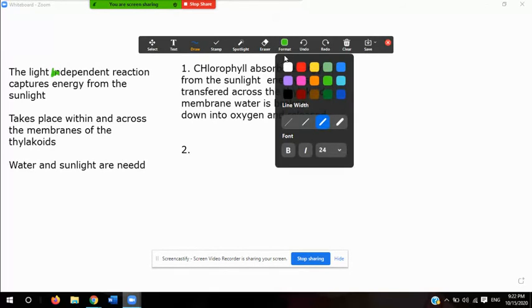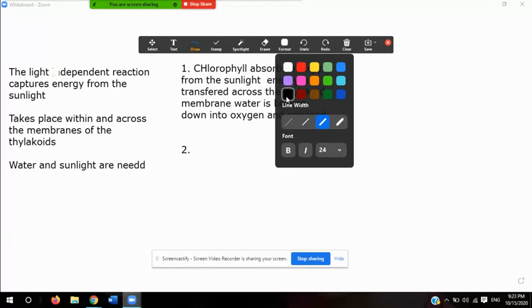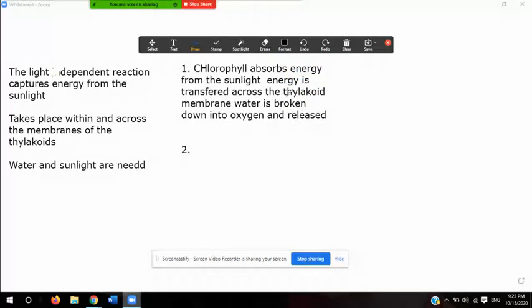And there you go. I made a mistake there, ladies and gentlemen. It is the light dependent phase that we're talking about. I apologize for that mistake. It says the light dependent reaction captures energy from the sunlight. It takes place within and across the membrane of the thylakoids. Water and sunlight are needed.